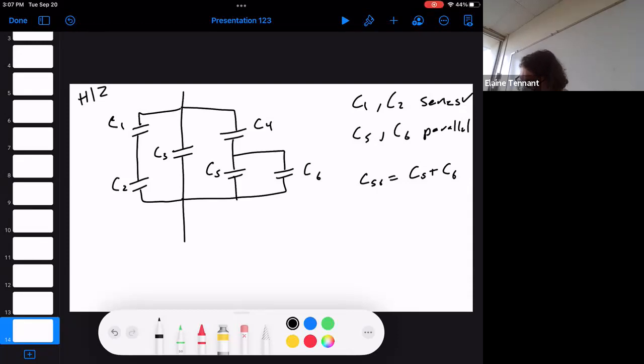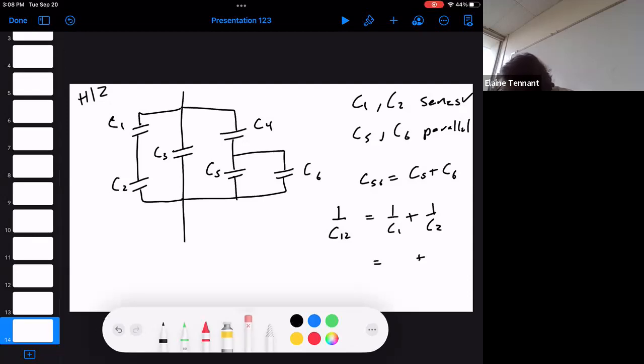I know to add things in series, 1 over C12 equals 1 over C1 plus 1 over C2, because that's how you add capacitors in series. This is going to be slightly ugly because it'll behoove us to find a common denominator in here.